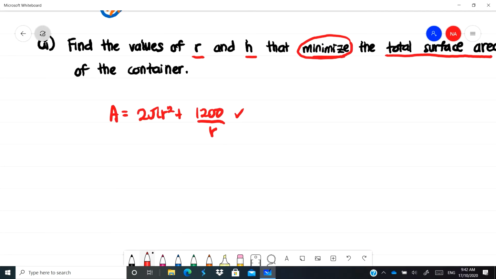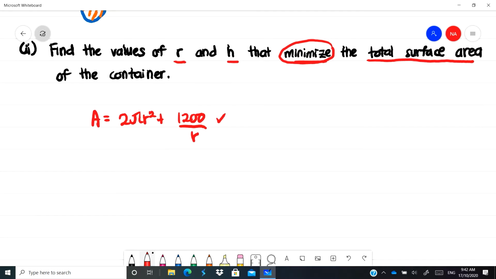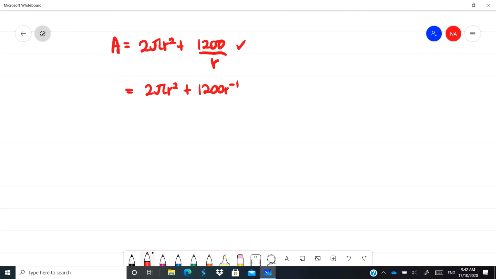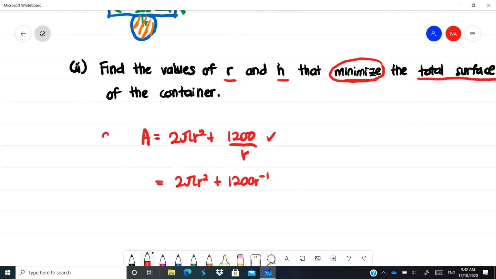In this case, we want to differentiate this with respect to r. Because the function is in terms of r, but firstly, before we differentiate it, we'll have to write the rational part of the formula in this form, so that it's easy for us to differentiate. This is step number 1.